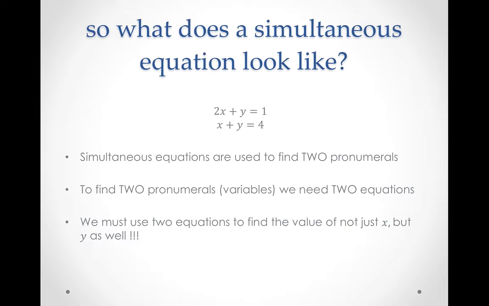In this case, we have x and y, two pronumerals. So that's the visual difference. And if you see this example in a test, you would have to immediately think I'm dealing with simultaneous equations because there's two equations and because there are two pronumerals.